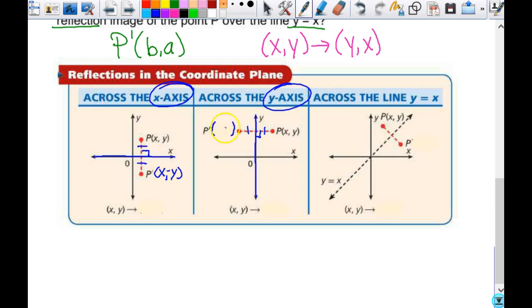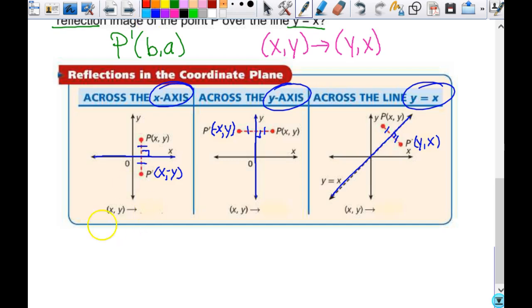When you reflect in the Y-axis, the Y value stays the same, and you change the sign on X. When I reflect across the line Y equals X, that's this line here, and all the numbers remain what they are. Their placement just changes, because there is a rule that we will get to for a different type of transformation where they switch places and a sign changes. So we've got to make sure we get all this straight.